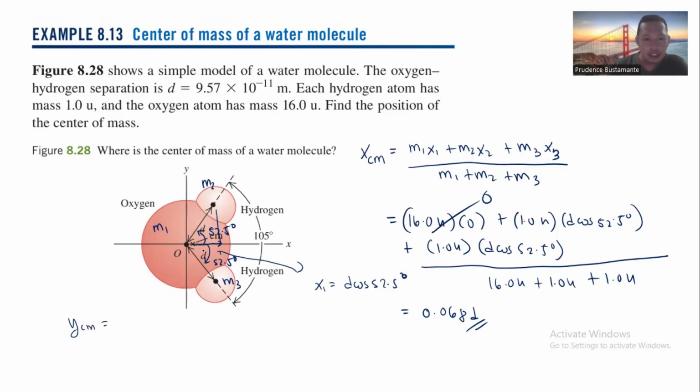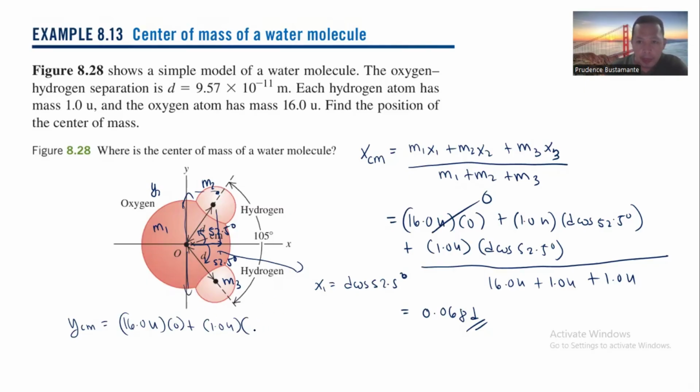How about for the y center of mass? Again, we have positions for M1, 16.0 u times 0, plus 1.0 u times our M2. The position of our M2 is positive, our y2 is in that level, but y3 is negative in that level.